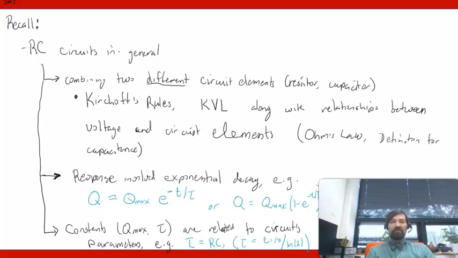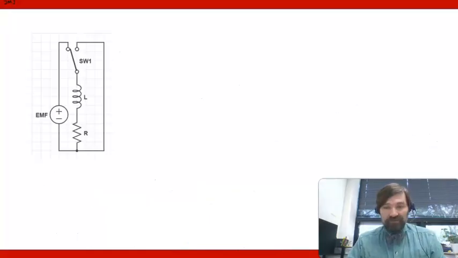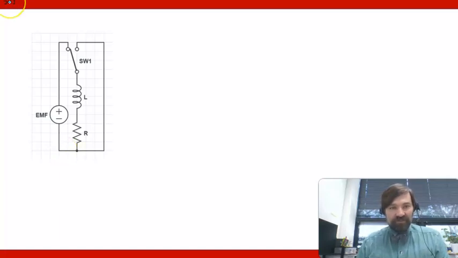Instead, I'd like to consider an LR circuit, so a circuit with an inductor and a resistor. So I have here the circuit diagram for a basic RL circuit. There's basically an EMF source present, or a battery present. There's a resistor, there's an inductor, and then we have a two-way switch.